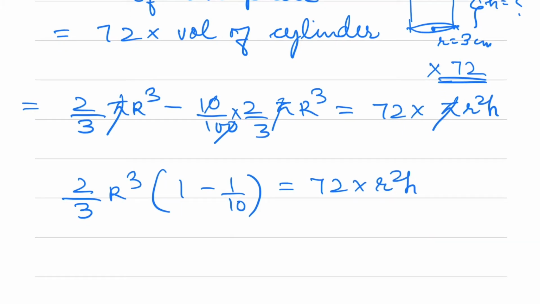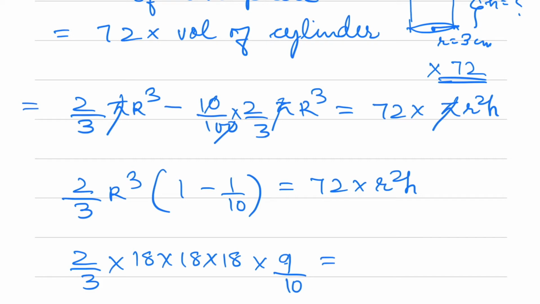Now let's substitute the radius and the height. So 2/3, the radius of the hemispherical bowl is 18 into 18 into 18, and this becomes 9/10. This is equal to 72 into 3 into 3 into height.